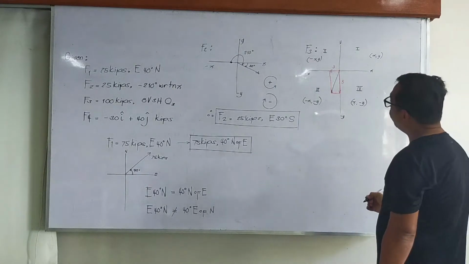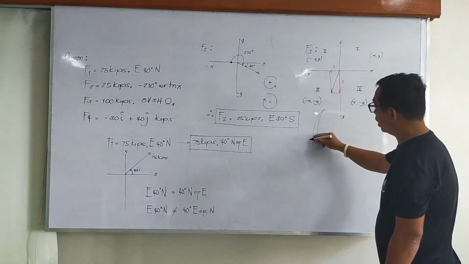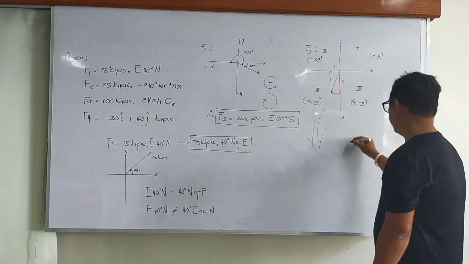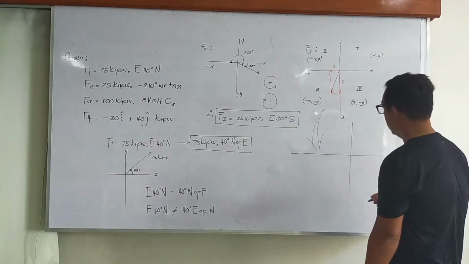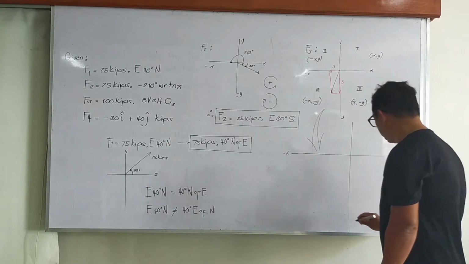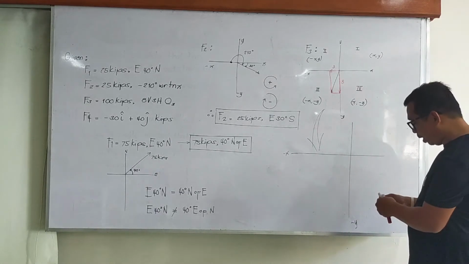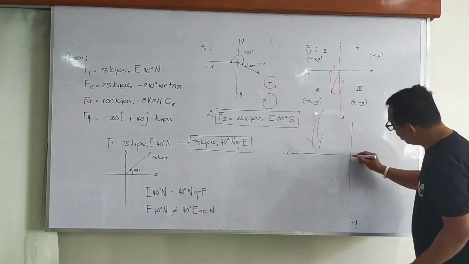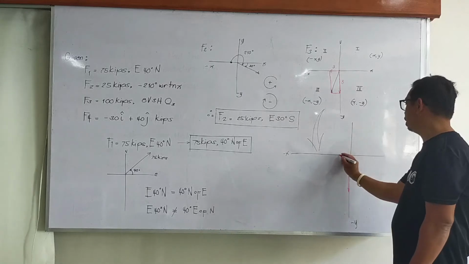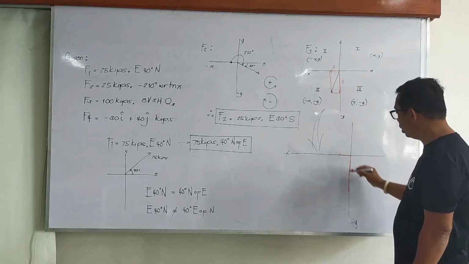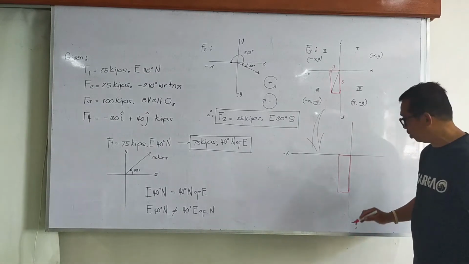So, lumalabas na kung palalakihin natin ang figure na yan, this is your negative x-axis, this being your y-axis, lalabas na if this is 8 units and this is your 3 units, then generating a parallelogram.